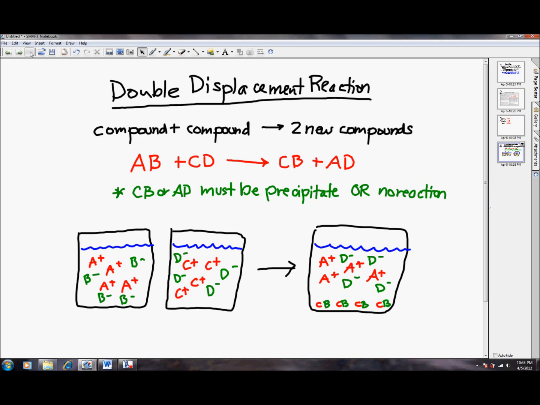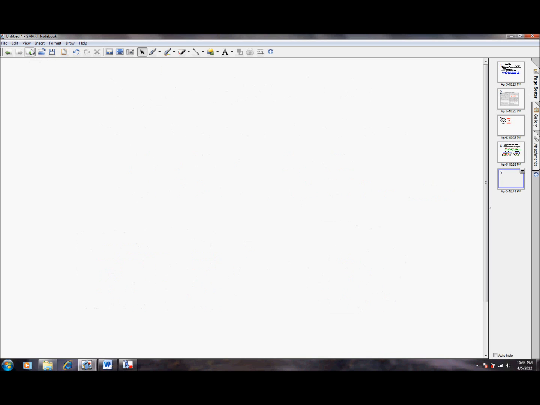Let's get some actual examples of actual equations for double displacement reactions. Okay, now these are kind of challenging. You have to have your whole brain focused and working. Okay, so when you run across these double displacement reactions, this is what you're going to see.